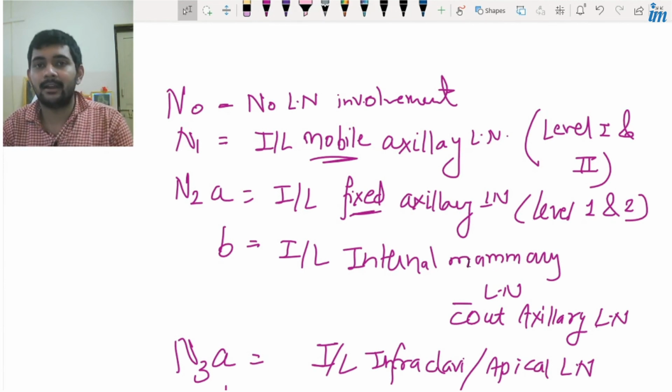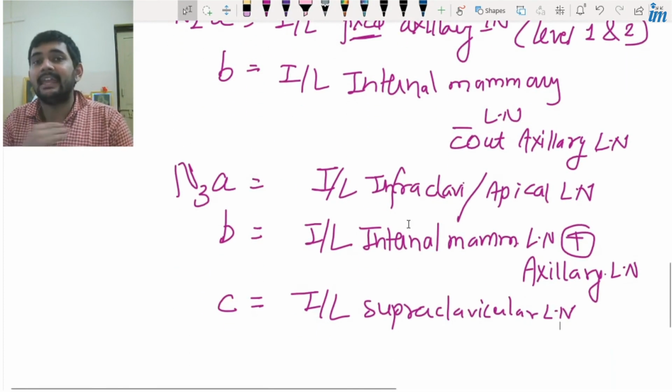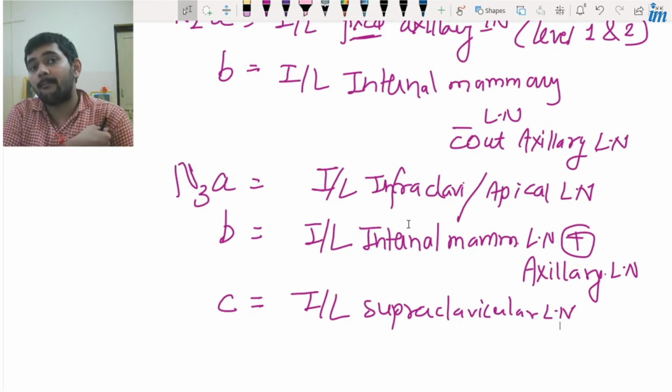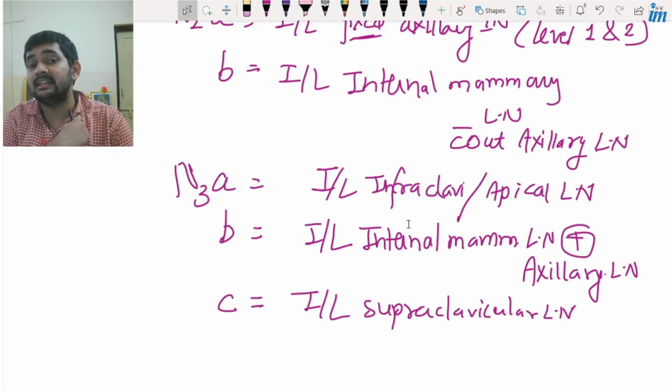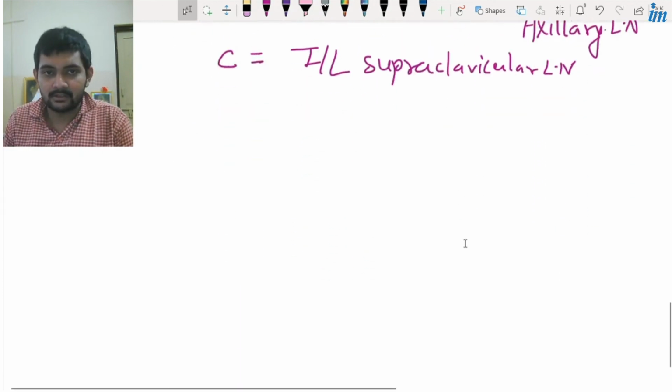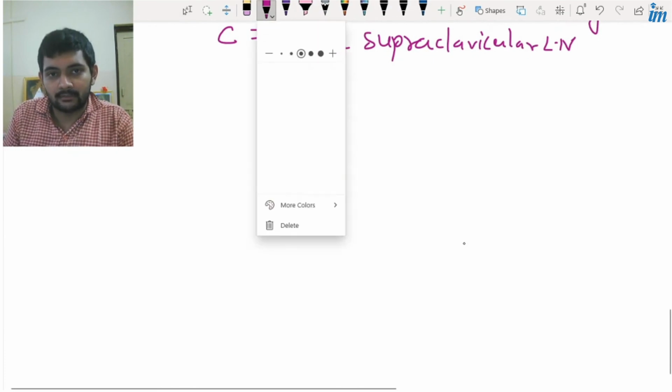So internal mammary group of lymph nodes without involvement of axillary, that will be N2B. N3A will be infraclavicular or apical group of lymph nodes. N3B will be internal mammary with axillary group of lymph nodes, and N3C will be supraclavicular group of lymph nodes. This is about the nodal staging.